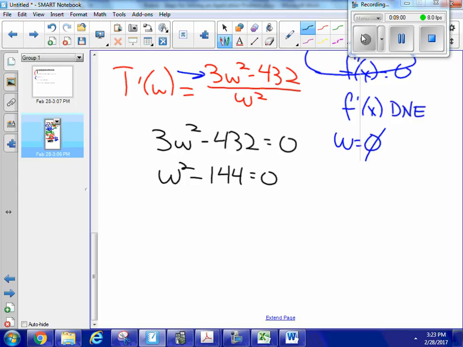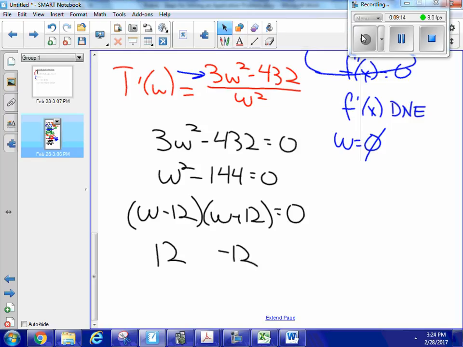So I have W minus 12 times W plus 12 equals 0. So I have an answer of 12, and I have an answer of negative 12. But since I'm dealing with a real-world problem with actual distances, I cannot have a negative distance. So I can see that W is equal to 12.